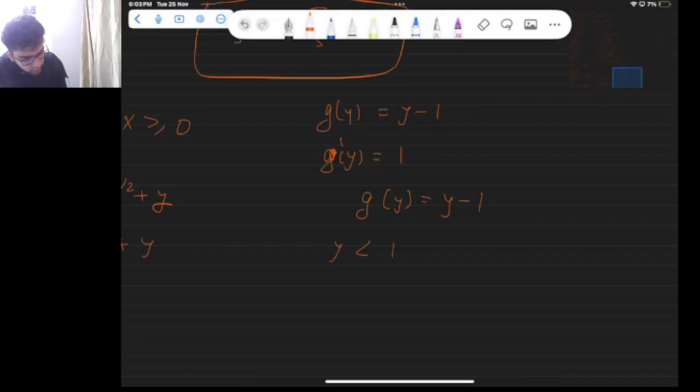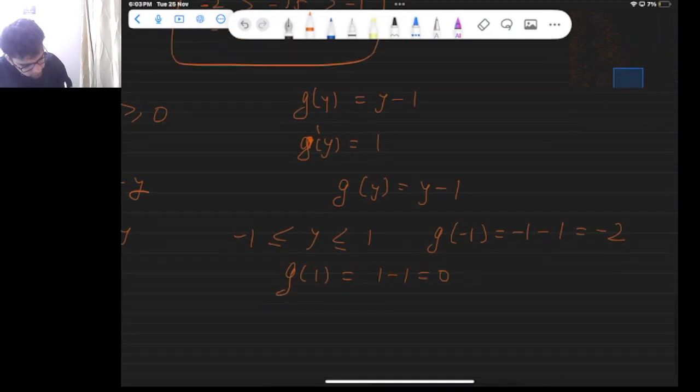So y was lying between 1 and minus 1, so the lowest possible value that y will have is negative 1. So g of negative 1 is minus 1 minus 1, which is minus 2. So this is the least possible value, and the highest possible value is g of 1, which is 1 minus 1, which is equal to 0.